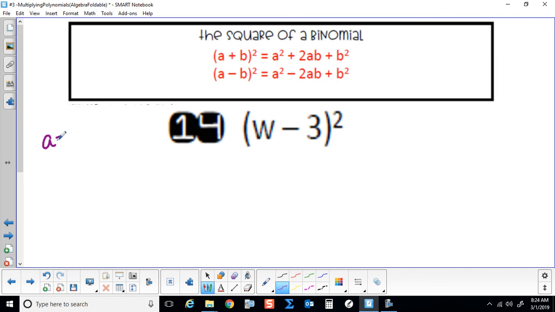Our a is w, and our b is 3. So it's a minus, so we're going to take this pattern. We're going to square the first term. We're going to multiply them together and double them. So that's 6w, and then we're going to square the last term.